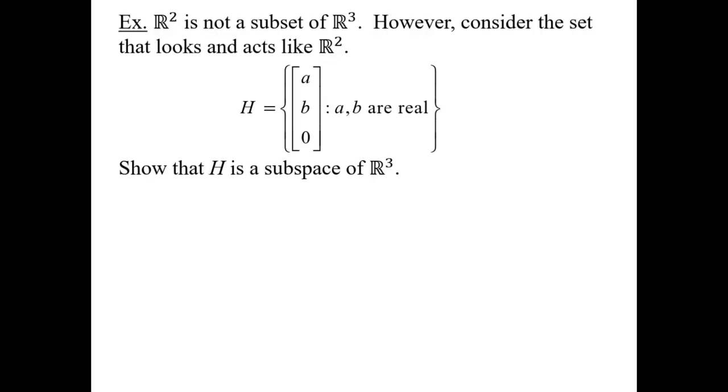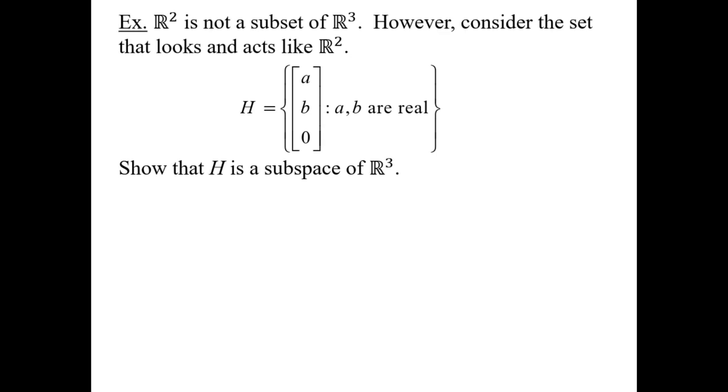Now, sometimes students like to think that R squared is a subset of R cubed, and it's not. In R squared, all the vectors only have 2 entries. R cubed has 3 entries. They're not subsets. However, we could consider vectors in R cubed that look like the vectors in R squared.